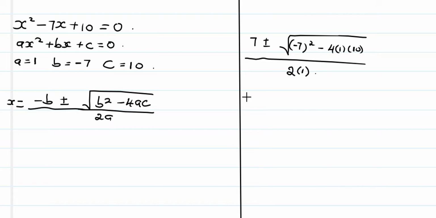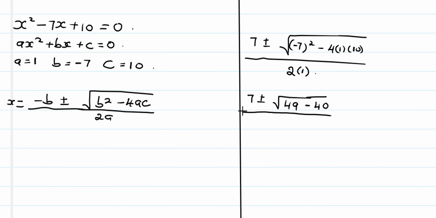From there we can expand and say 7 plus or minus the square root of negative 7 squared, which is 49, then minus 4 multiplied by 1, which is still 4, multiplied by 10, which is 40.